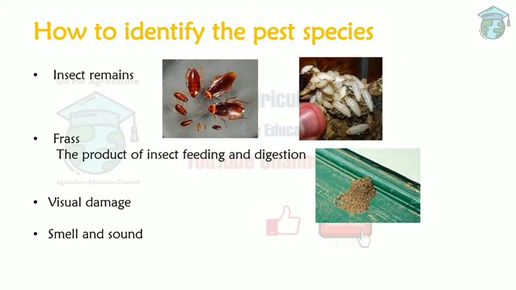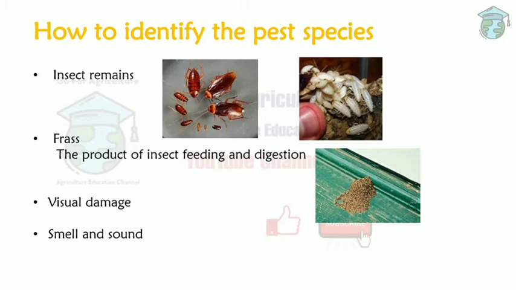Next is visual damage. Let me tell you with an example. Have you ever opened a book which is many years old? When you open that kind of book, you can see holes or damage to the papers. This is because of an insect called silverfish. This is visual damage because you can easily identify it: okay, there is damage in this book.